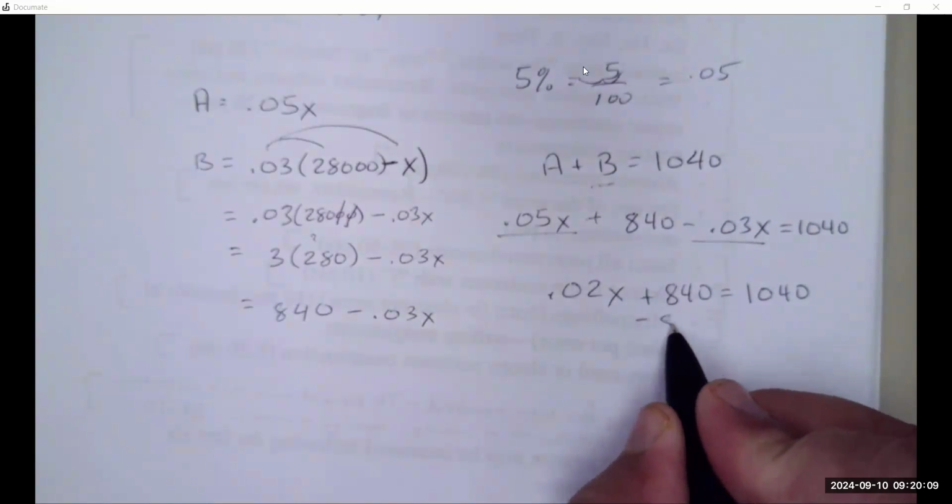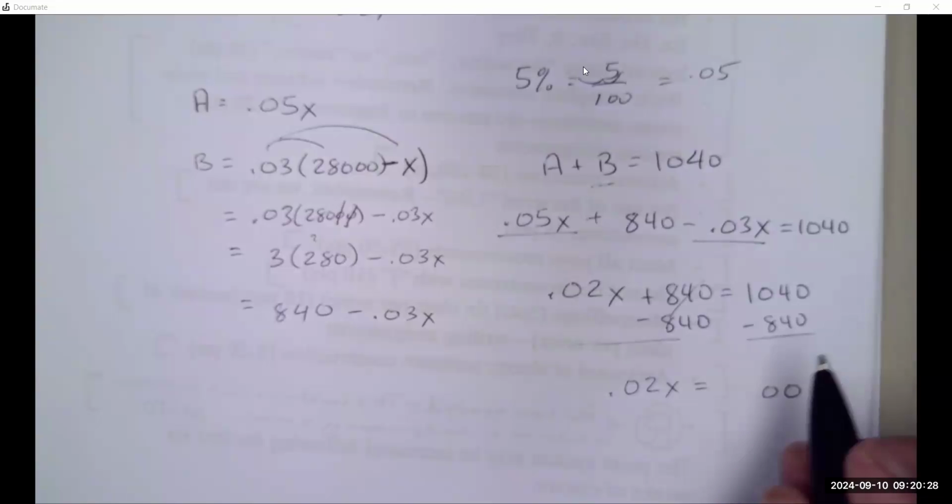Well, combine like terms. 0.05 minus 0.03 is 0.02. Subtract 840 from both sides. 0.02 X equals 200.